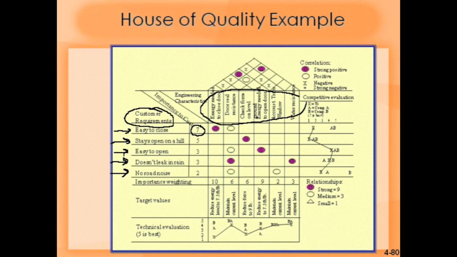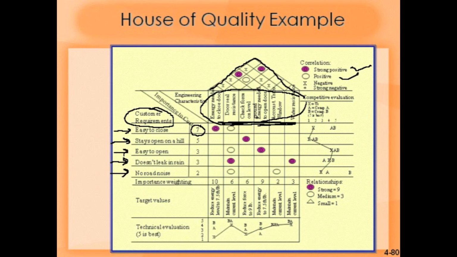by engineering characteristics, like what should be the door seal resistance, what should be the energy needed to close the door, and so on. And then out of these various variables, there could be some variables that are correlated to each other. So that's represented on the top. So if there is strong positive correlation, we use this symbol.